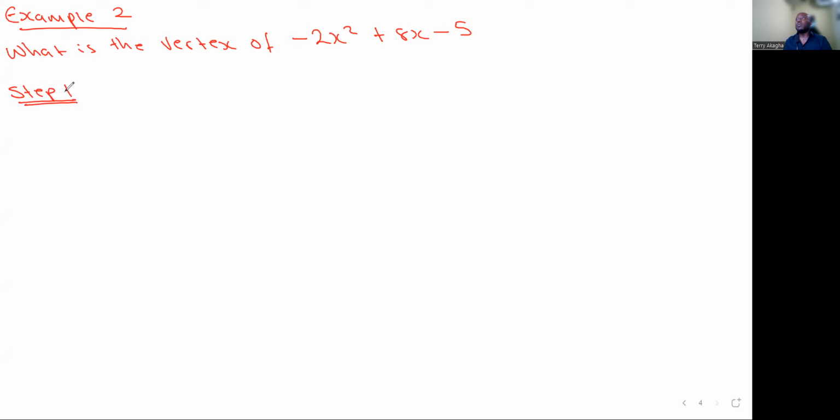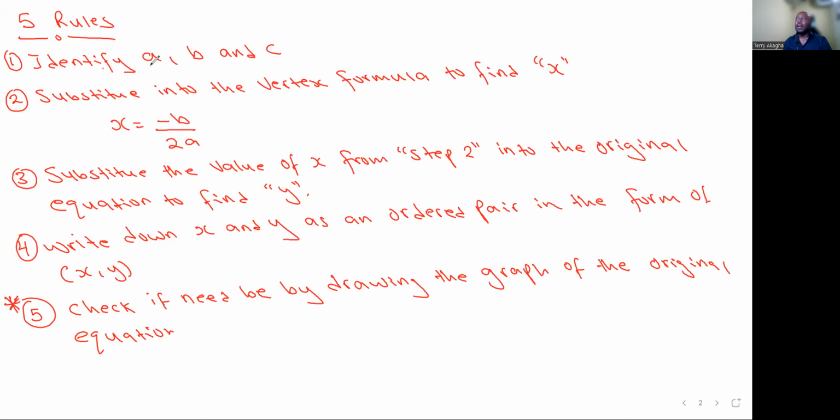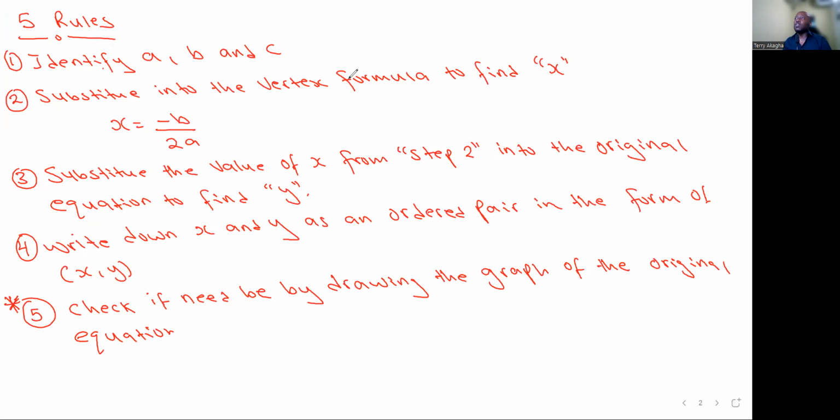So step 1, what is the a? a is equal to minus 2. Remember, we said we need to first identify the a, the b, and the c. So the a is minus 2, the b is equal to 8, and the c is equal to minus 5. Then step 2, we said we have to substitute into the vertex formula to find x.